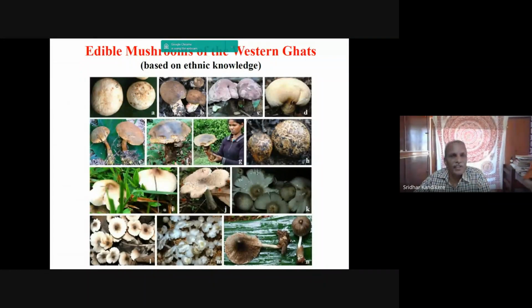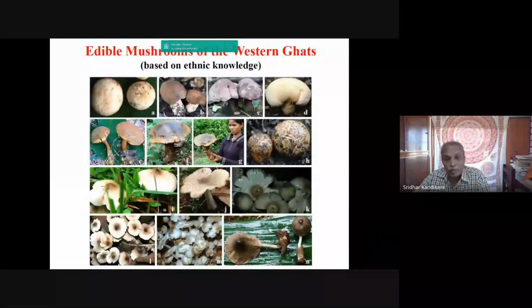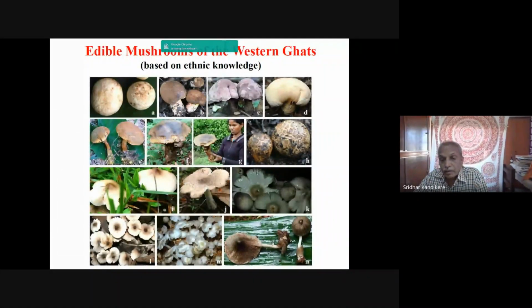You can see Astraeus, and this is Favolus tenuiculus, Favolus marginatus, and these are Termitomyces, and those are different types of edible mushrooms. These are all edible mushrooms eaten by some of the tribals.